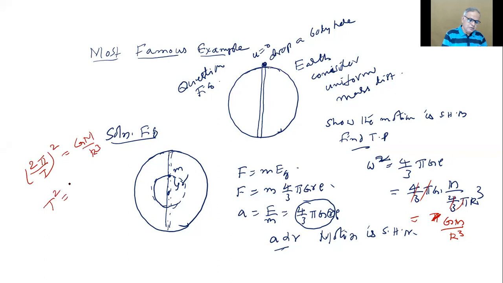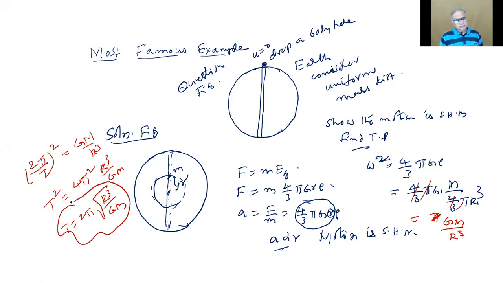So T square equals 4 pi square R cube by GM. T equals 2 pi root R cube by GM. Got it.